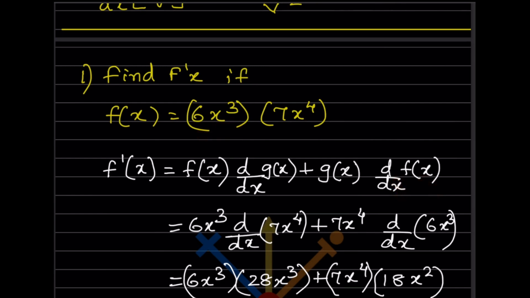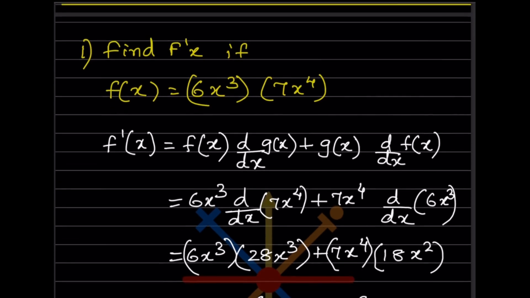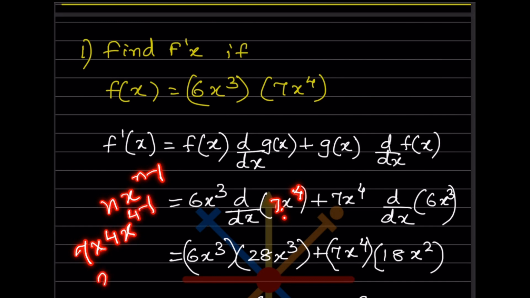So here this will be as it is. Now when you take the derivative of this one, this constant will be at the side, n x raised to n minus 1. So what is n here? 4. So here you are going to multiply by 4. x raised to n minus 1 means 4 minus 1. So that will be 28x cube.